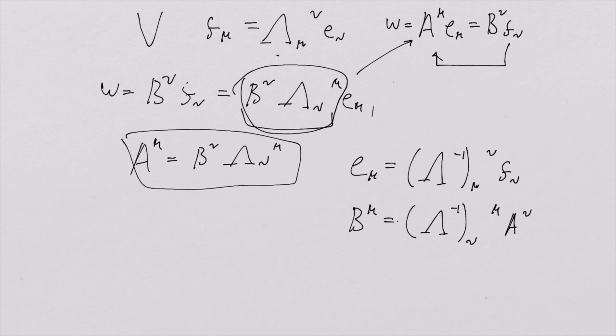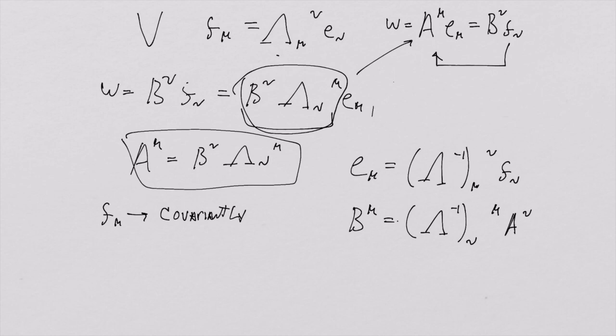The coefficients of the F basis transform using the opposite or the inverse matrix, while the basis vectors transform using the original matrix. And we have words for this, and they're very important words in the study of general relativity. We say that the basis vectors, F mu, transform covariantly.